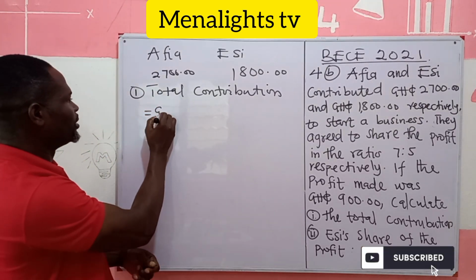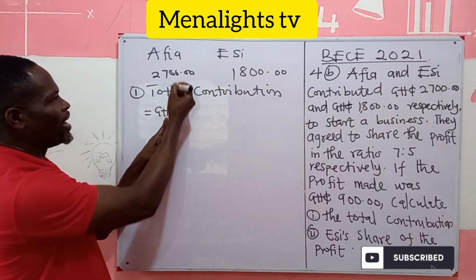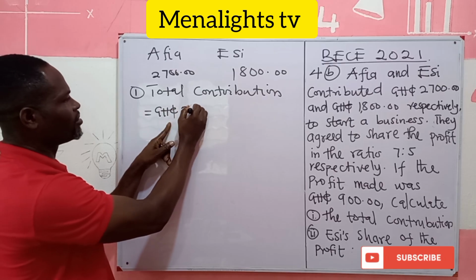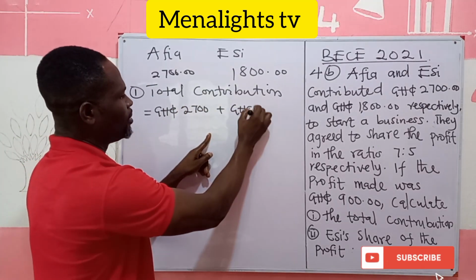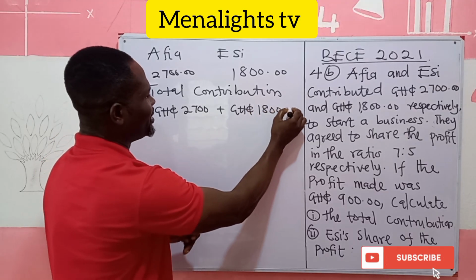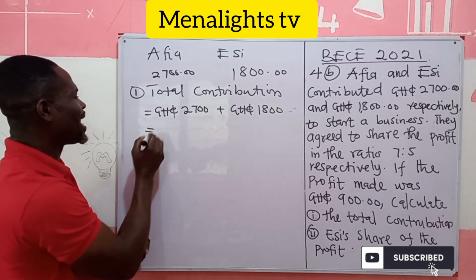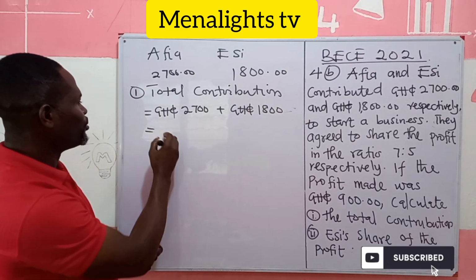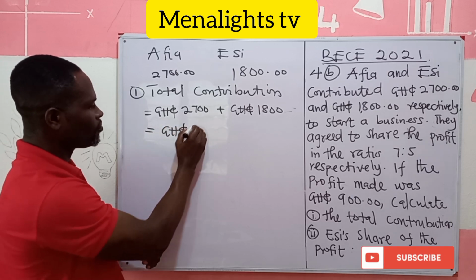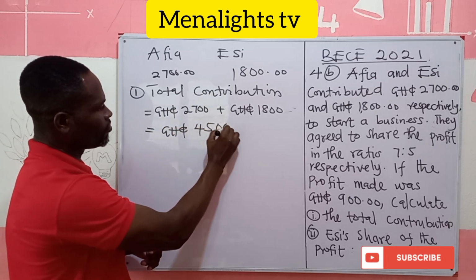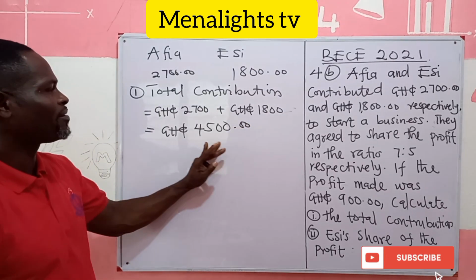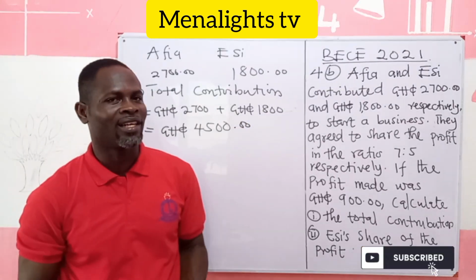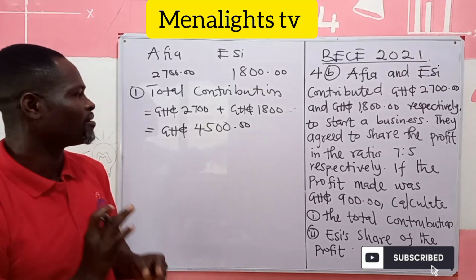So for Afia we have 2,700 cedis plus that of AC, 1,800 cedis. When we add the two, we are going to get 4,500 cedis. So the 4,500 cedis, that is the total contribution.